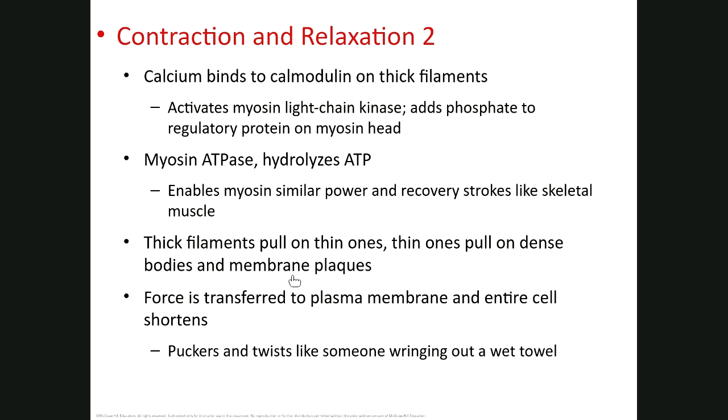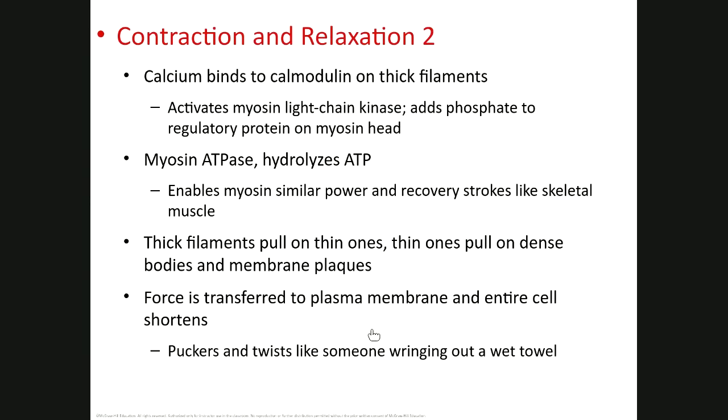In the smooth muscle, calcium binds to calmodulin instead of the troponin that we see in the thin filaments. And this is on the thick filament. Myosin ATPase hydrolyzes ATP, enabling power and recovery, just like in the skeletal muscles. Right? Force is transferred to the plasma membrane, and the entire cell can shorten.